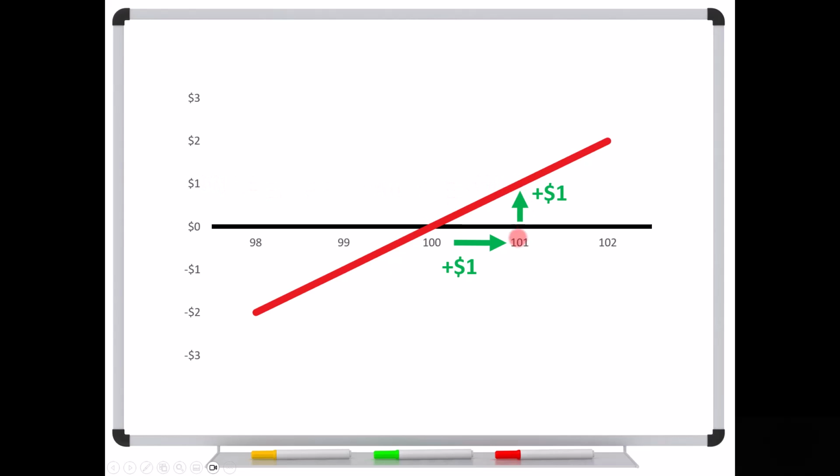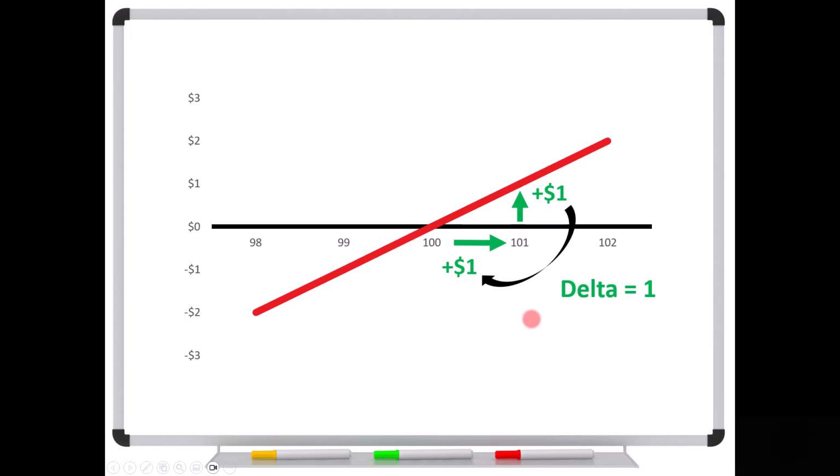For every dollar increase in the stock price, your profit rises $1. No surprises there. All we're doing with delta is asking how big this increase in profitability is, $1, relative to how far the stock moved. So it's just $1 divided by $1, which is 1. We would say that shares of stock have a delta of 1.